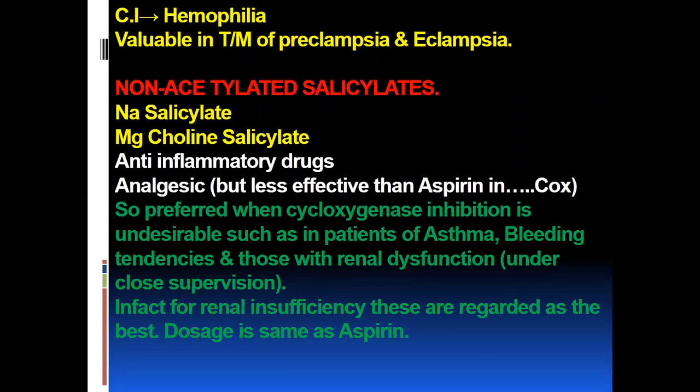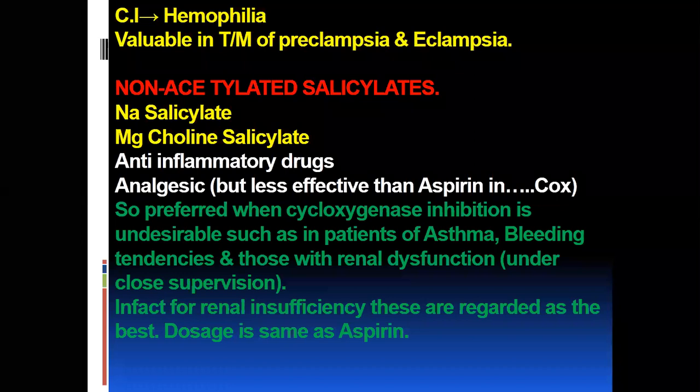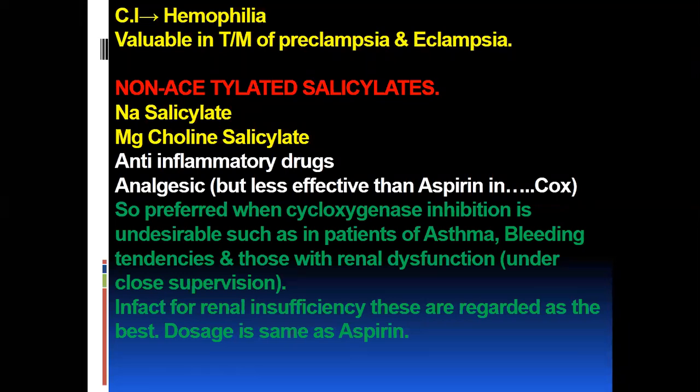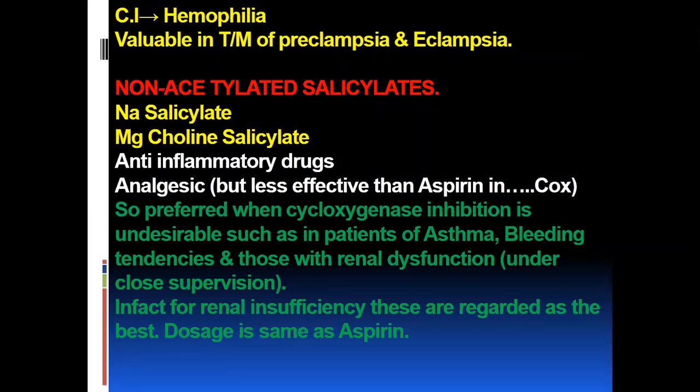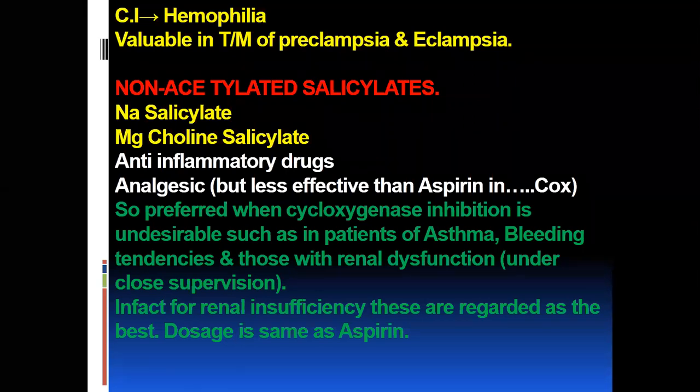Because COX is inhibited less than in the case of aspirin, they are less effective than aspirin, and also have fewer side effects than aspirin.